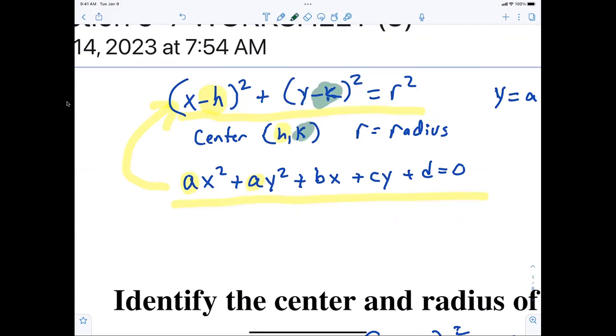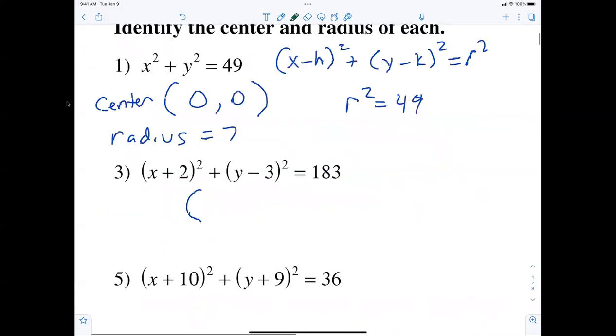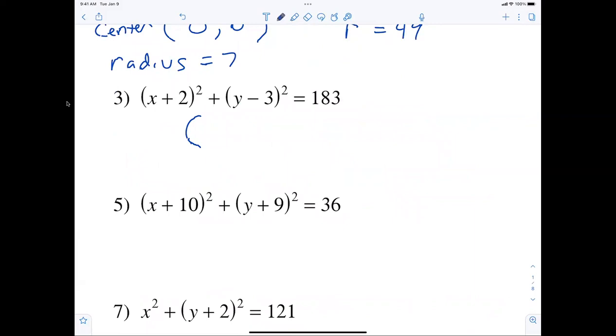They are what? They're opposites of each other. Is everybody with me on that? That's the one thing that kind of throws kids off. But once you recognize that, it just becomes the center is what? Yeah, (−2, 3).